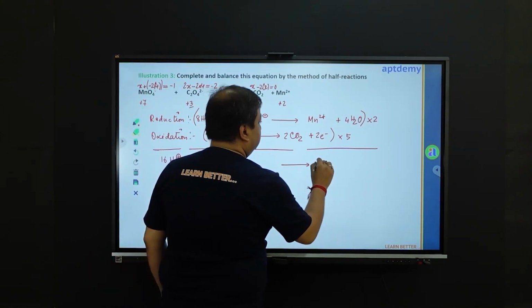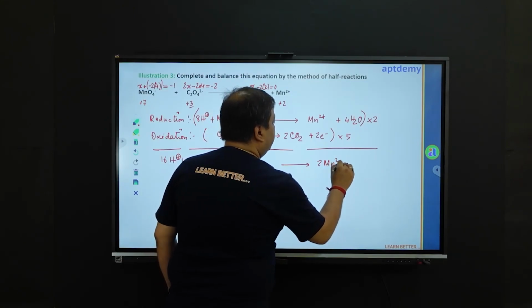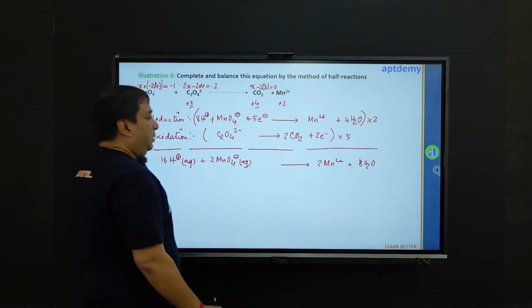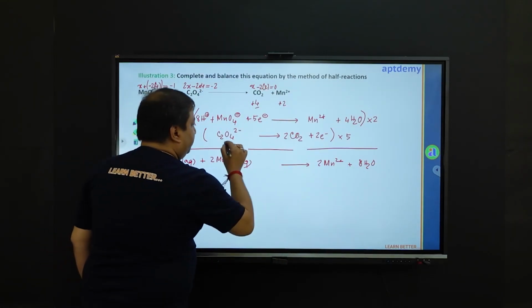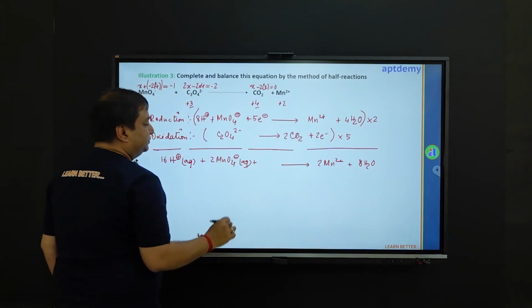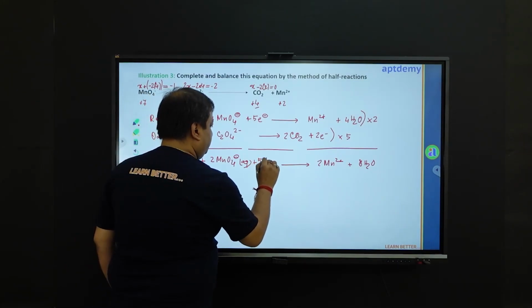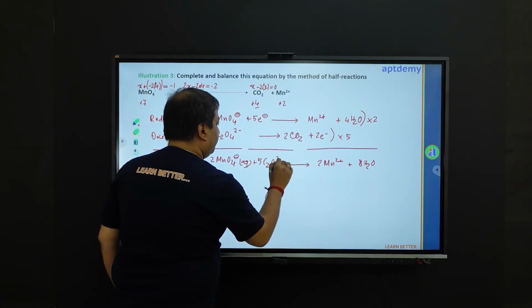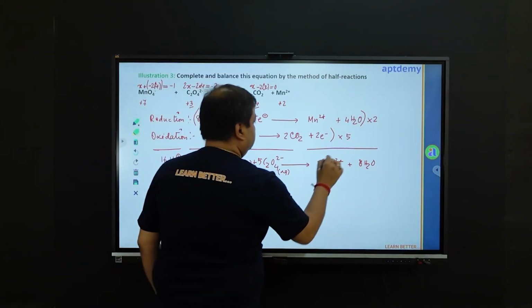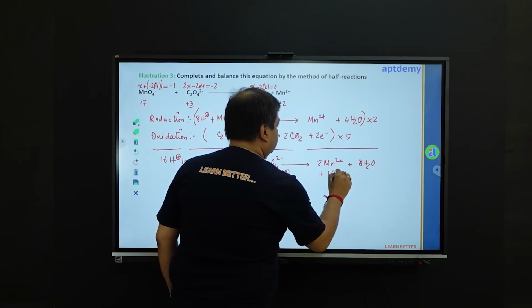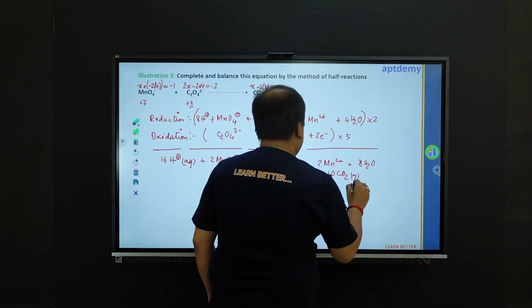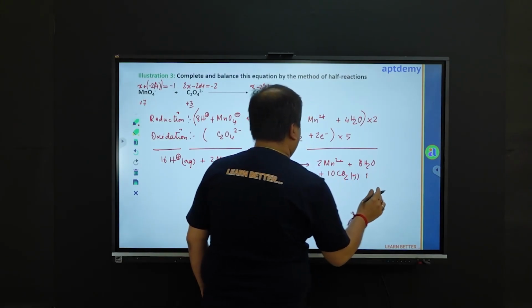Then we write 2 Mn2+ and 8 H2O. So now we add this one. Okay, and nothing else.